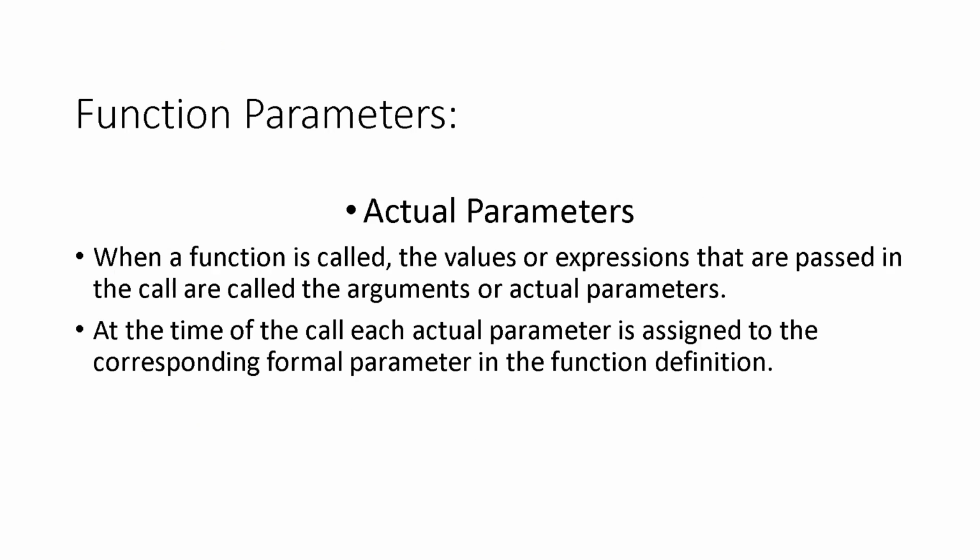So let's see what function parameters are commonly used. First one is actual parameters. When the function is called, the values or expressions that are passed in the call are called the arguments or actual parameters. At the time of the call, each actual parameter is assigned to the corresponding formal parameter in the function definition.